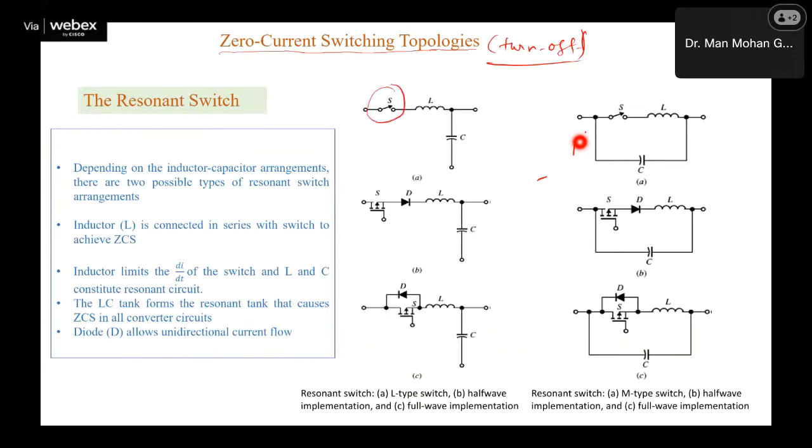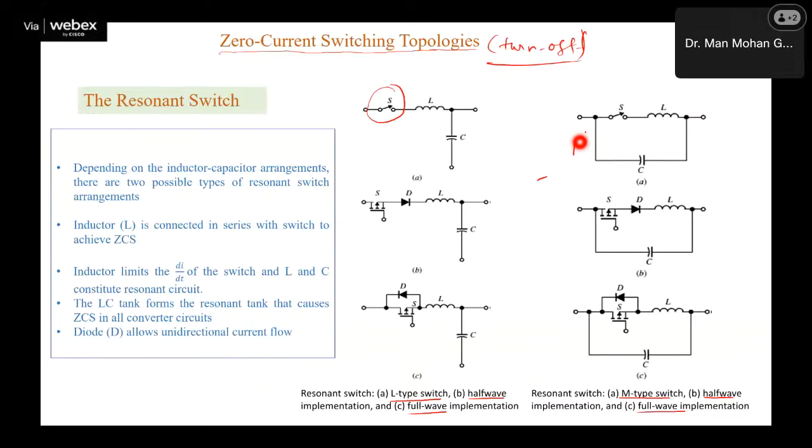What do we do in this case? There are two types of switches: L type switch and M type switch. Within that, one is half wave implementation and one is full wave implementation. So depending on the inductor capacitor arrangement, there are two possible types of resonant switch.